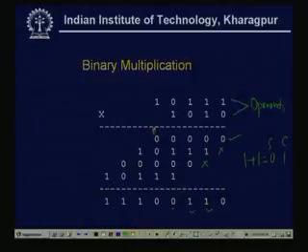Now, if I add again, 0 and 1 plus 1, 0 carry 1. Now, again 1 plus 1, 0, 0 plus 1, 1, but carry 1. Again 0 plus 0 plus 1, 1, and this one 1. So, this is my result.